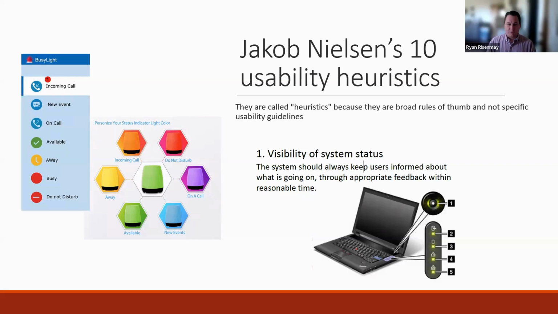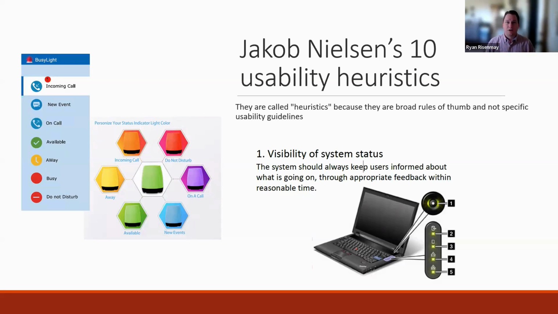And so I've got a few examples just on the screen here from looking at your laptop itself. It may have an indicator that the power is on. That's helpful. And your battery is charged. That's helpful. Or there's lately with Teams and Zoom, if you're in an office environment, there's a little glow button that you can put up on top of your cubicle or something just to indicate, or outside your door to indicate your status.